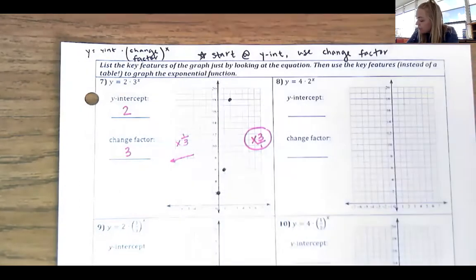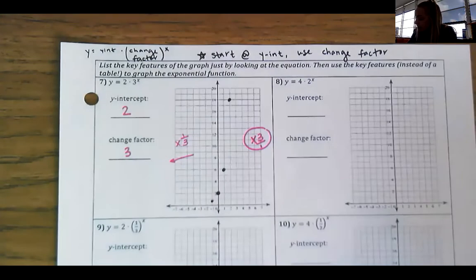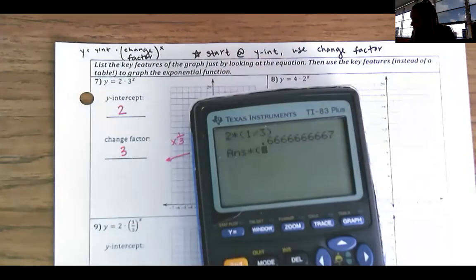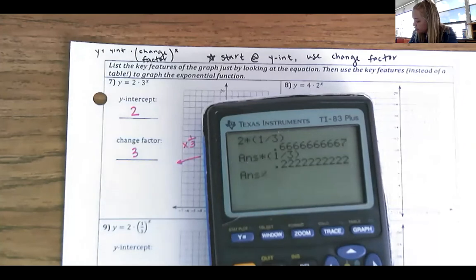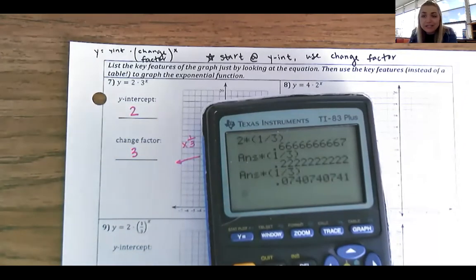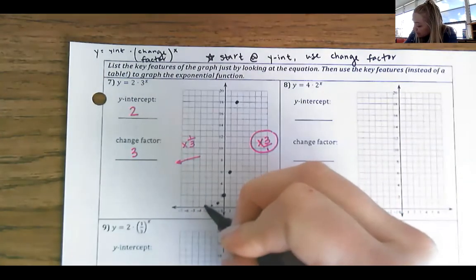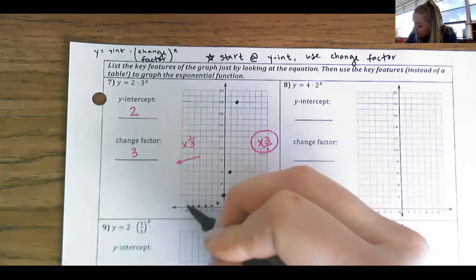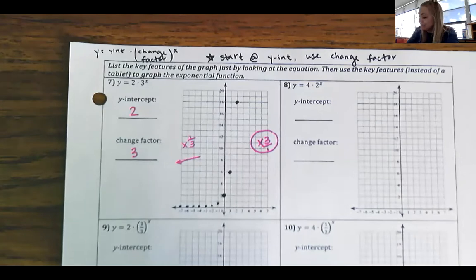Okay, so I go to the left a space and up to 0.667. Times that by 1/3. And I've got 0.22222. Times 1/3. And I've got an even smaller number. These numbers are going to get smaller and smaller and smaller. So once you get to those really low decimals, just know that every dot is going to get so much closer to 0, but it's never actually going to cross 0.